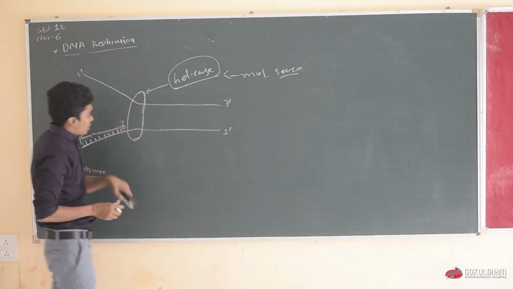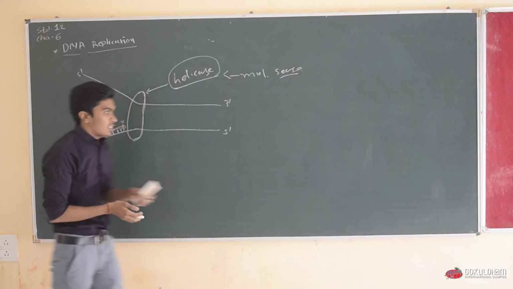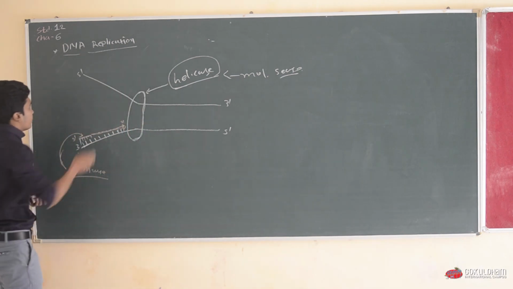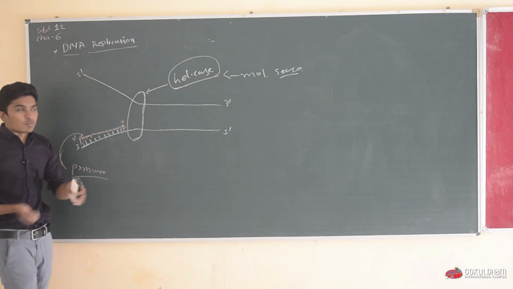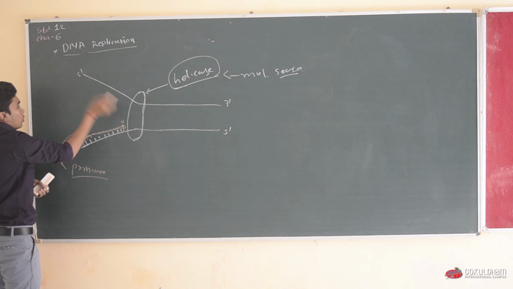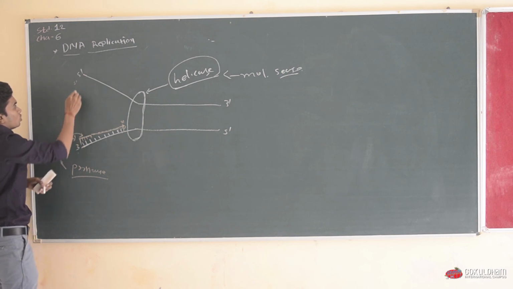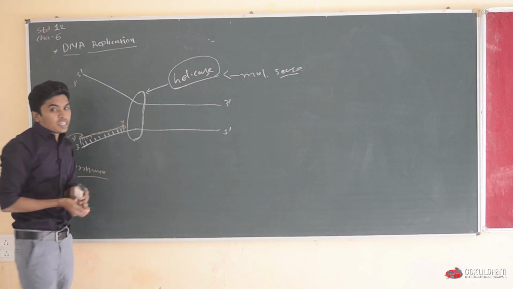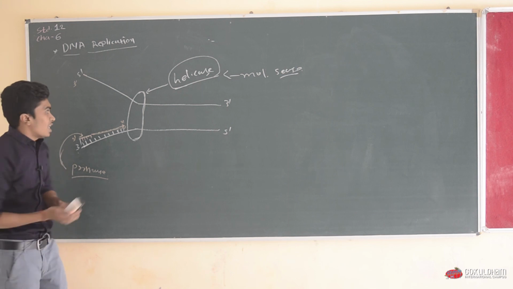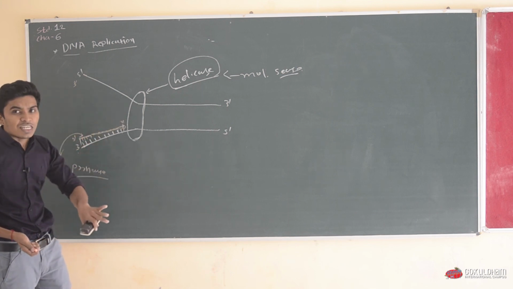But the question arises in the second strand. Look at the second strand. As we know, DNA polymerase cannot work from 3' to 5' end. So here the new DNA strand is having a 3' end. What will happen here? DNA polymerase works only from 5' end to 3' end.